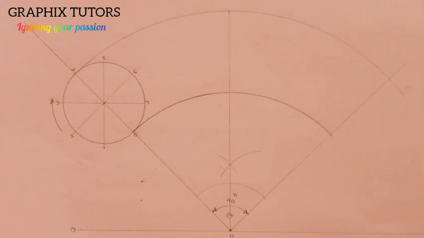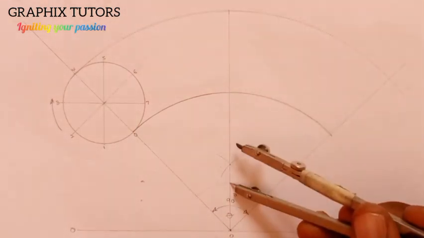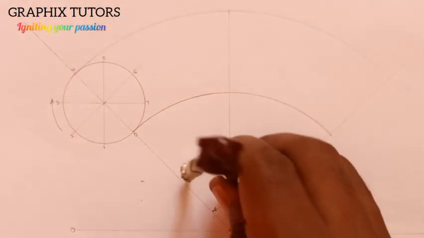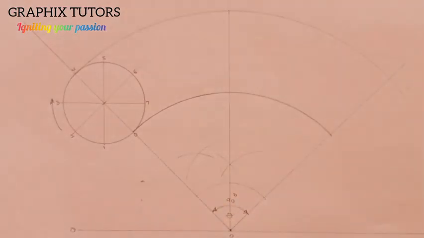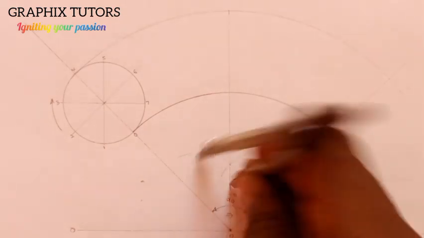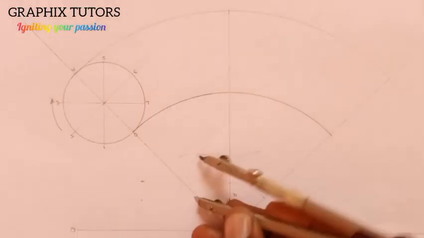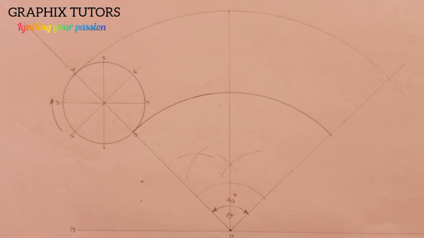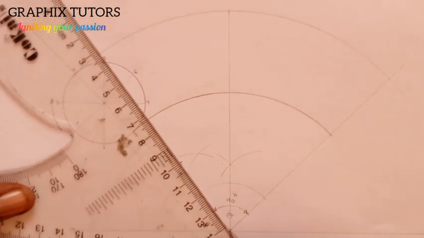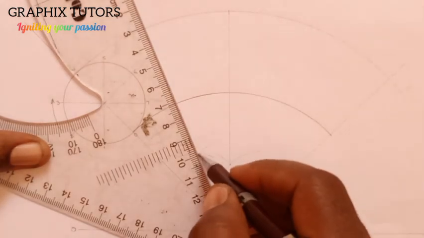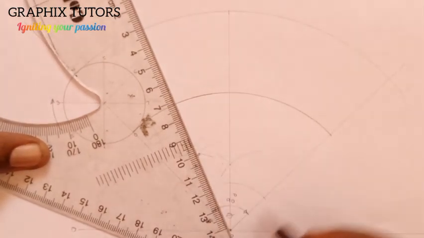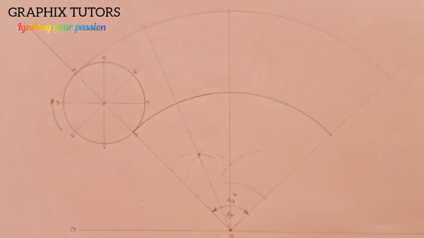Then in between these two, I am going to bisect again with any radius of your choice. Just ensure that when you use one radius to bisect here, it must be the same radius you place here to bisect here. So I'm going to move this from here to this point. You can see that.